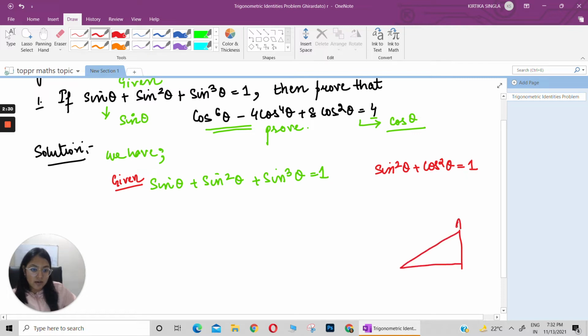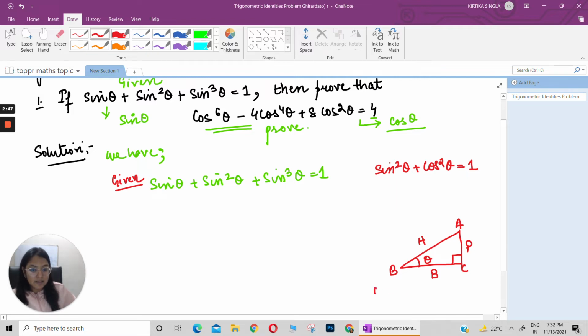For this right angle triangle ABC, suppose we have the right angle at C, and this is your angle theta, this is your perpendicular, this is your base, and this will be your hypotenuse. So what will be sine theta?